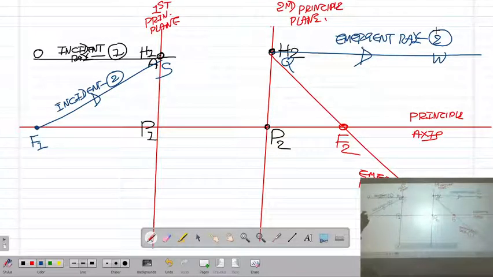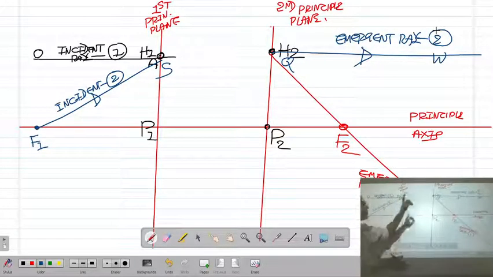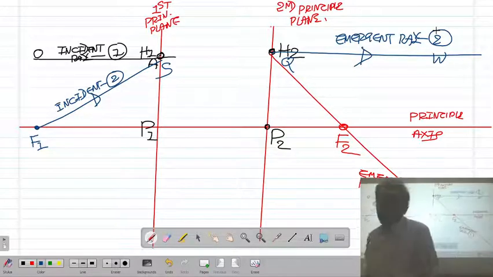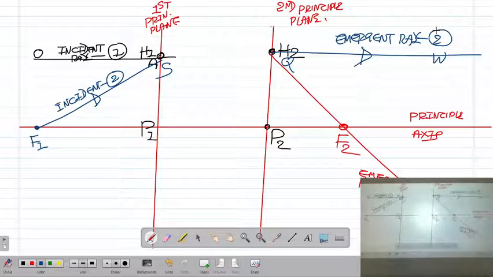The second incident ray is F1S, passing through the first focal point F1 and incident on point H1 of the first principal plane. It is again refracted from point H2 of the second principal plane and becomes parallel to the axis after refraction. Okay, so you can see here both incident rays.